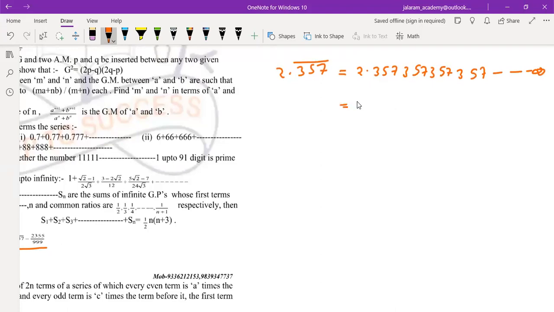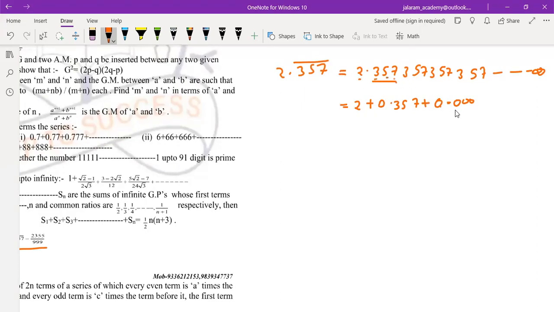So if we separate them, we get 2 plus this 0.357, 0.357 plus 0.3, zeros first. In place of 2, there will be 0.